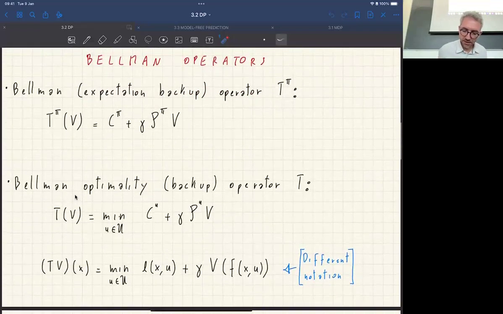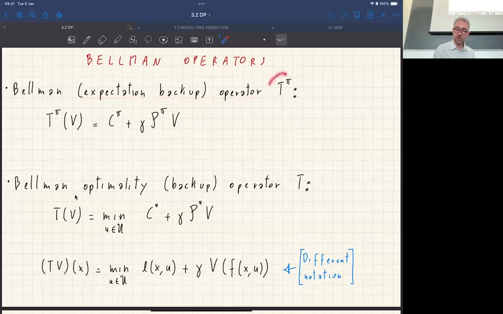Okay, so let's start talking about dynamic programming. All the algorithms we are going to work with rely on these two operators, which are called Bellman operators. These are operators that act on a value function. So they take a value function as input and they give you a value function as output. So they are modifying a value function. The first one is called the Bellman expectation backup operator.